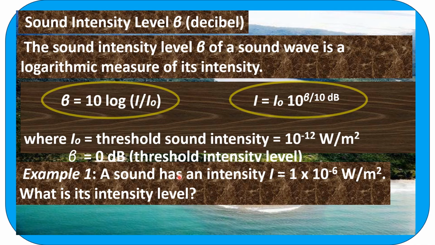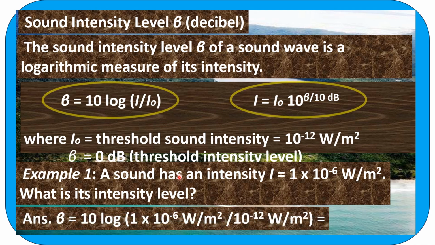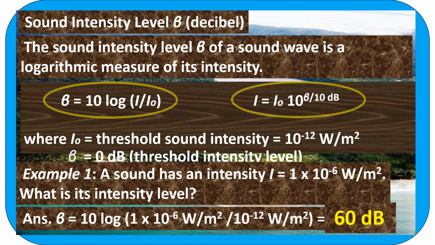That is, beta equals 10 times the log of 1 times 10 to the negative 6 watts per meter squared, the given intensity capital I, over I naught, which is 10 to the negative 12 watts per meter squared. Simplifying, we get the value of beta, which is 60 decibels.